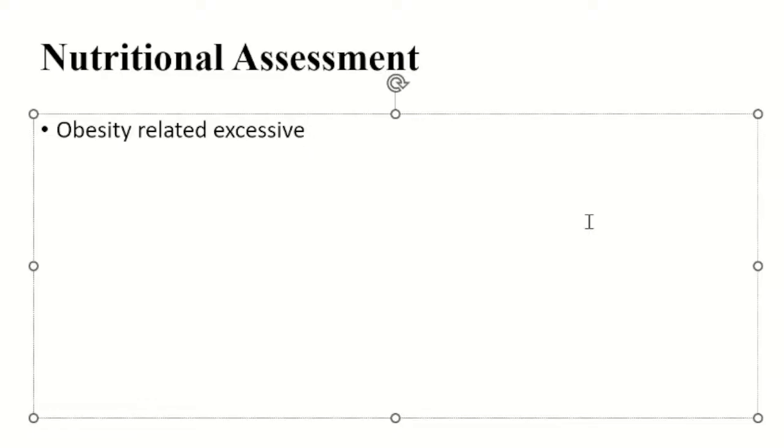But in order for us to use the standard terminologies, we can say obesity related to excessive energy intake, which makes it very clear to everybody, and it's a standard language. If we are picking data on people who were having excessive energy intake, it is very clear. We don't want to speak different languages. Our colleagues were all saying the same thing, but the language they used was two different languages.